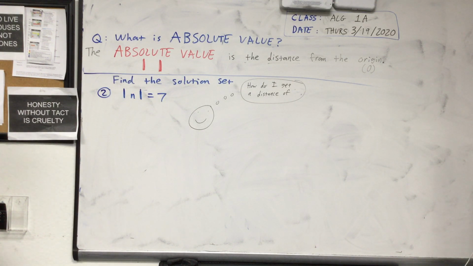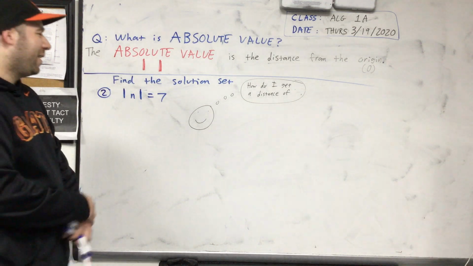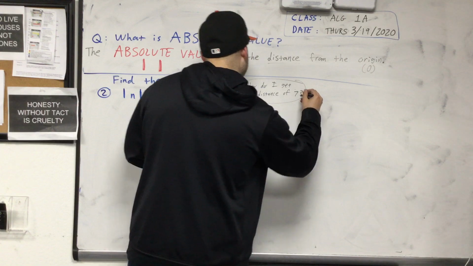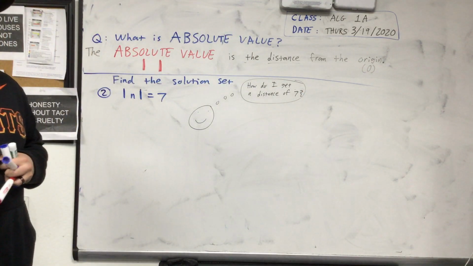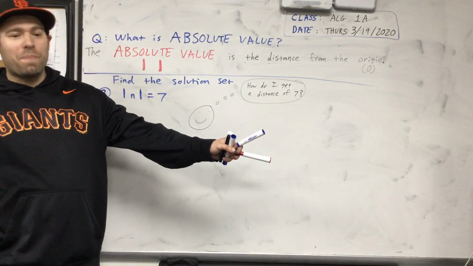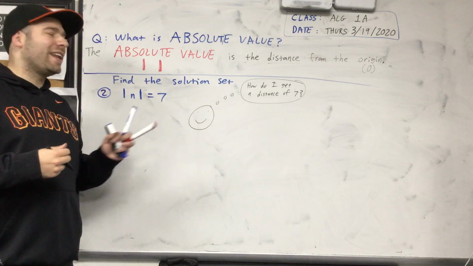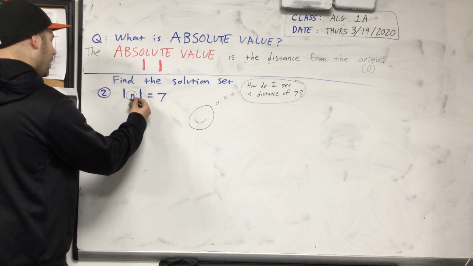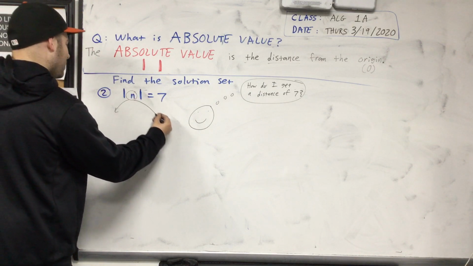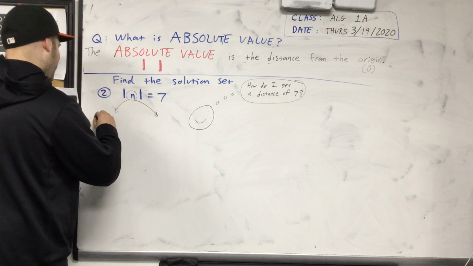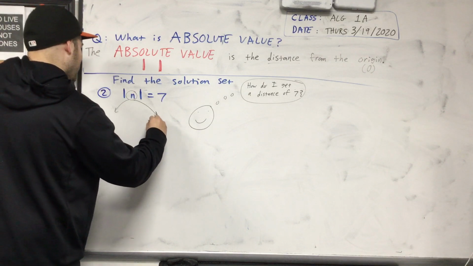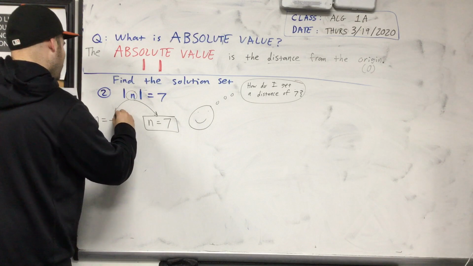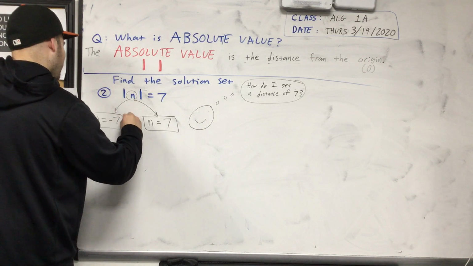In this problem, the cartoon character is thinking to himself, how do I get a distance of 7? Remember, there's forwards and there's backwards, but the goal is to get a distance of 7. So I split into 2 parts. Either n is equal to 7 or n is equal to -7.